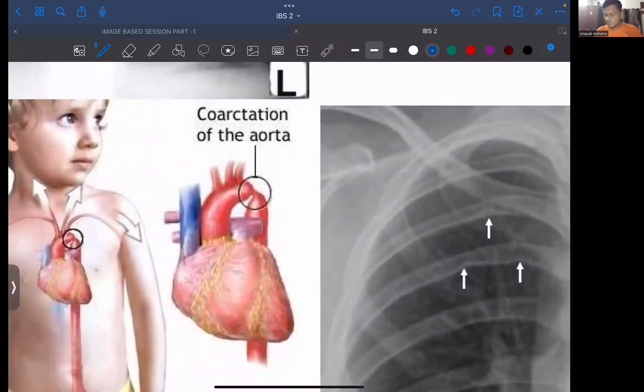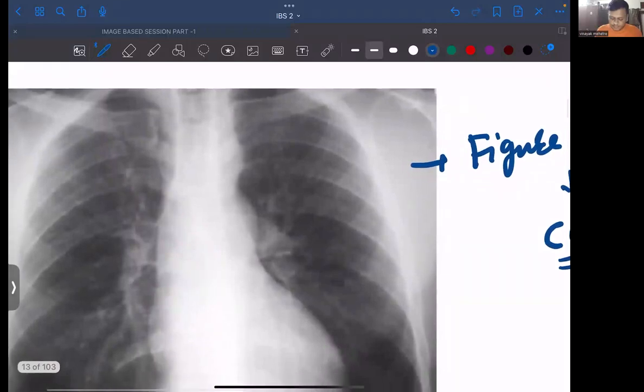Just remember it like this. The aortic arch, the aortic notch, is going to be compressed. So we will not be able to see a fully dilated aortic notch. At one place it will be pinched, pressed down. Because of that we are going to see figure of 3 appearance. Actually, what has happened here? Compression. That's why we see figure of 3 appearance.